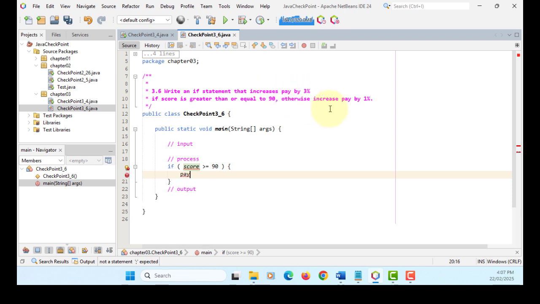So those who remember, we can say pay equal to pay multiplied by 1.03. Okay, else we increase by 1%.